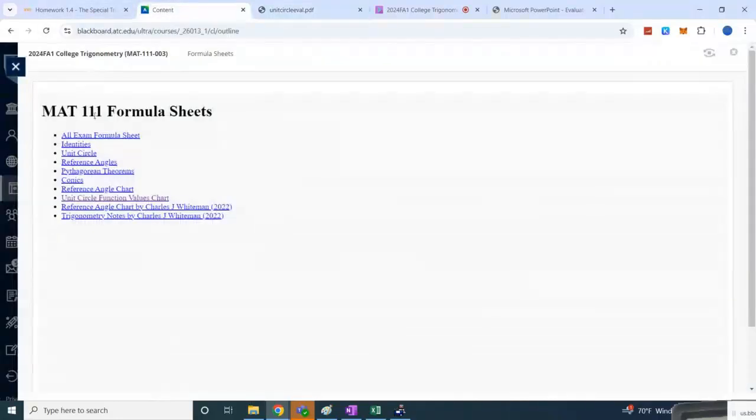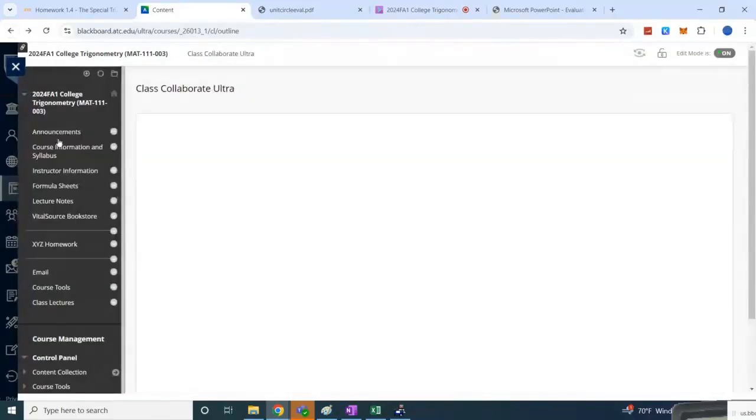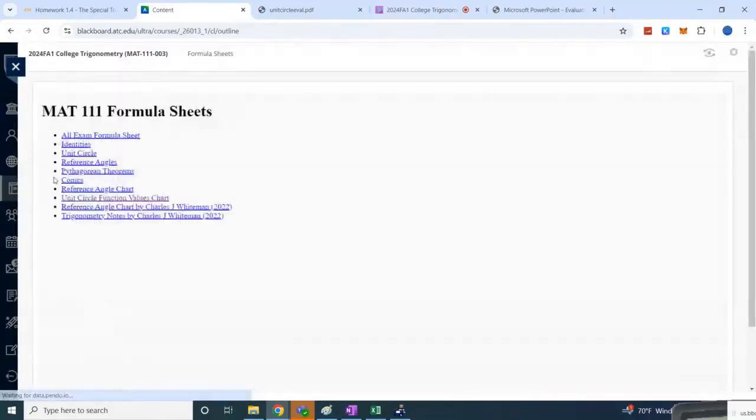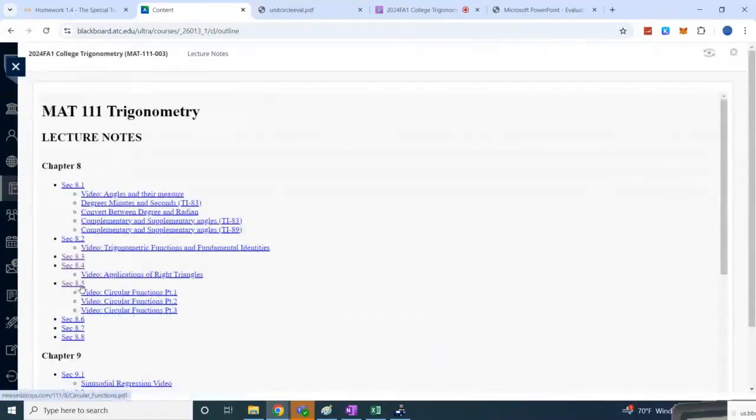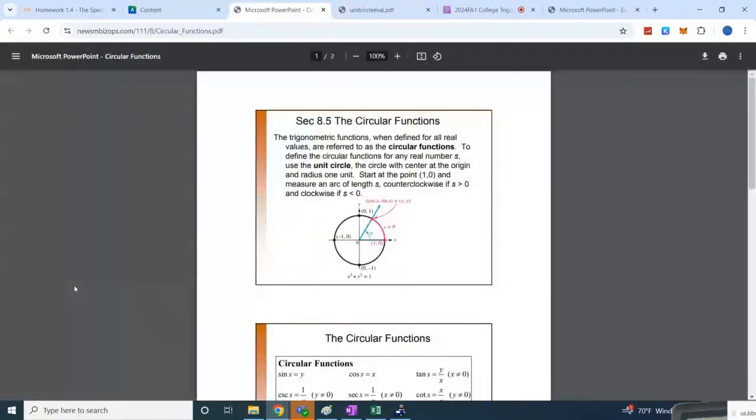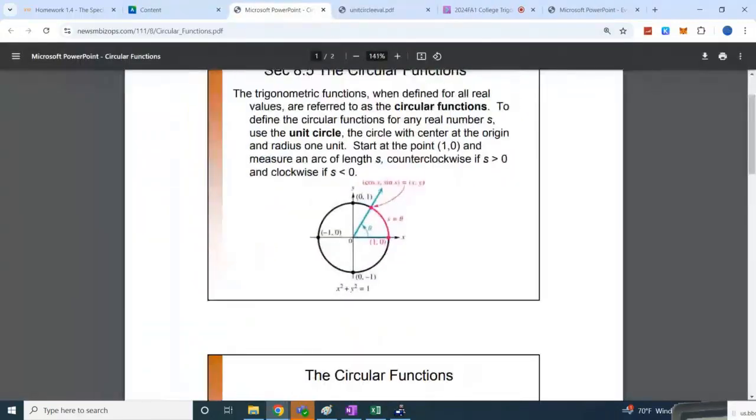I'm also going to go into the lecture notes section, and I'm going to bring up section 8.5, this set of notes.